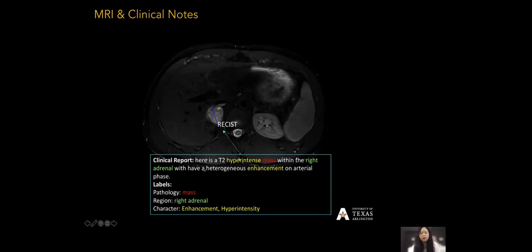In this work, we defined three types of labels. The first type of label is called pathology. The second label is called region. Region basically measures the location of this lesion, like the body parts. And then we have another type of label called characters. Characters measure the different attributes of this lesion.